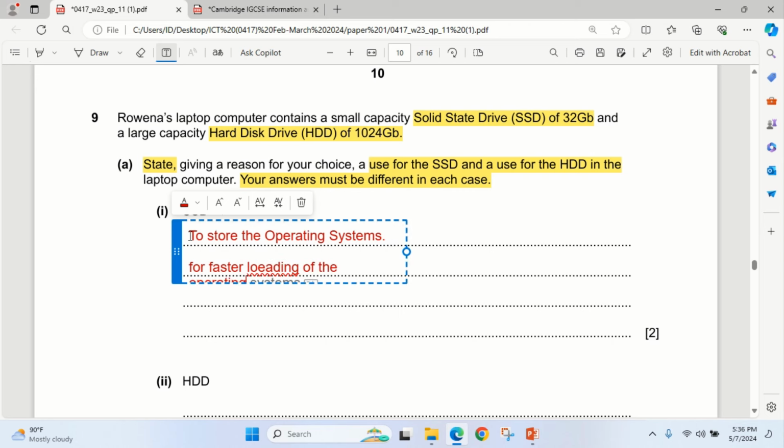Since the operating system is an essential system software that is responsible for the smooth running of the computer, you want it to load faster. Okay, you want it to load so fast, you say that, or for the OS to run faster, whichever one. And so these are 2 marks.